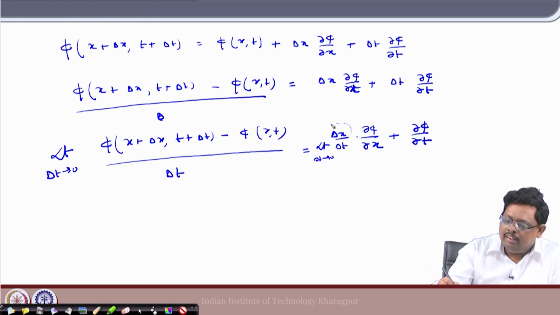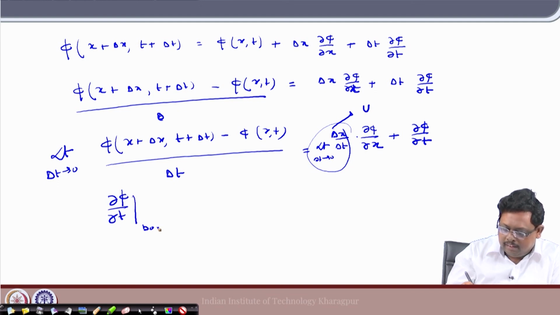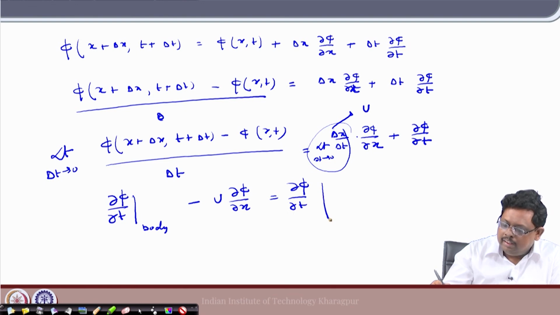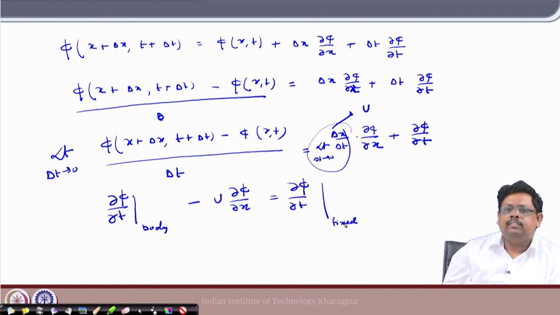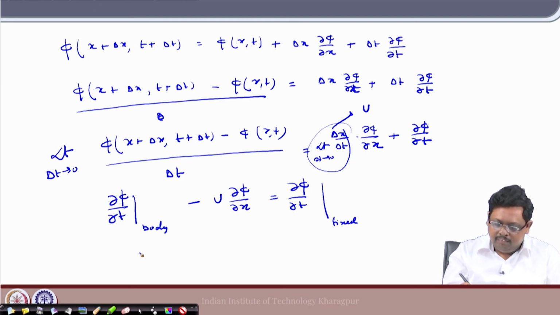Now, in the limiting position, this becomes my velocity u, and of course this is del phi del t of the body. Now, if I take this to the other side, so minus u into del phi del x equals del phi del t at fixed. So, therefore, this is the relationship between the fixed frame and the moving frame.